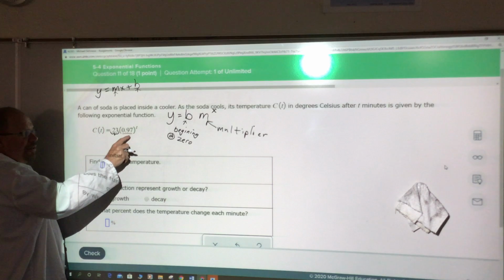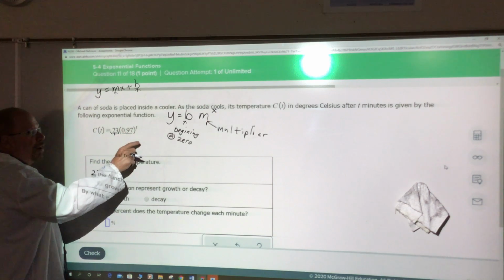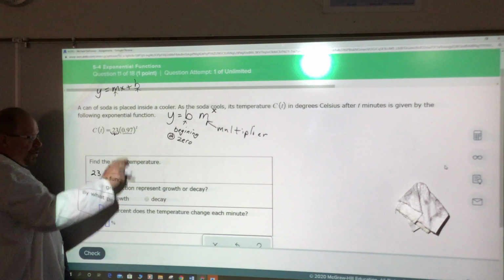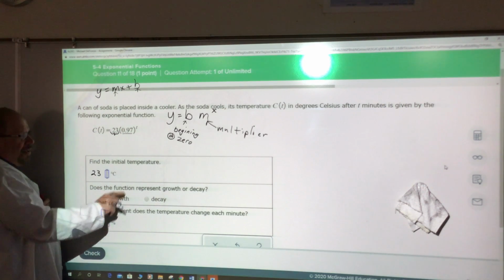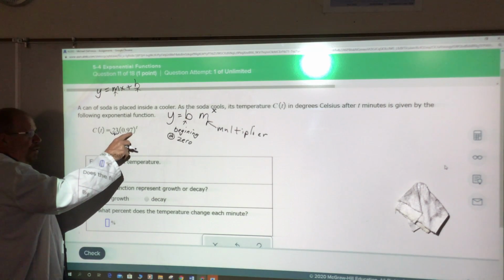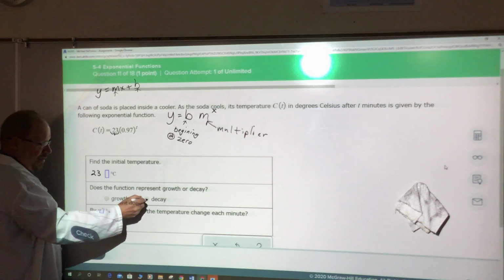That it's getting bigger? No. If this number was like 1.2 or 1.01 or anything greater than 1, then it would be getting larger. It would be growing. But it's less than 1. It's between 0 and 1. So it's getting smaller, which makes this decay.